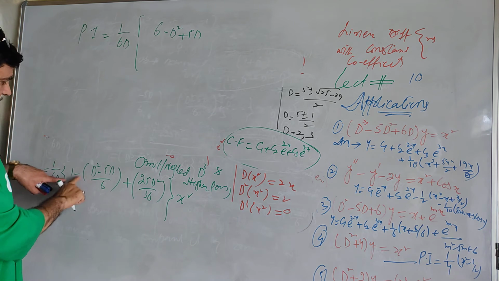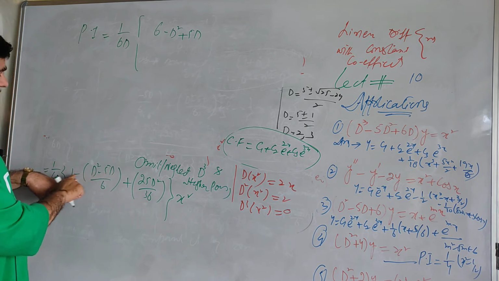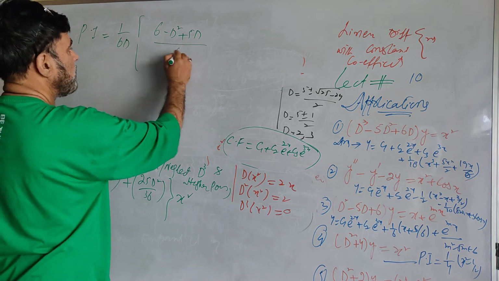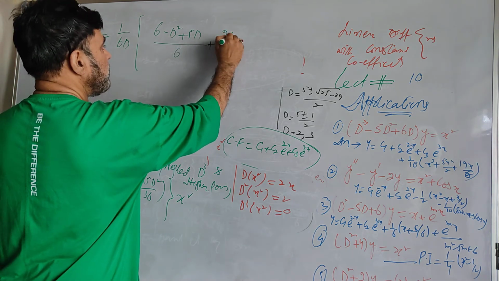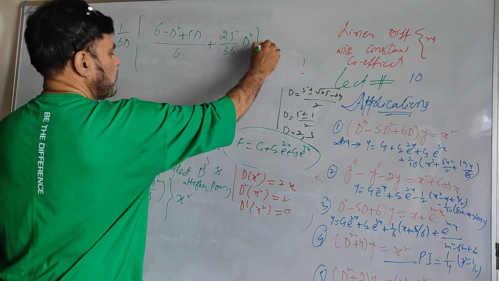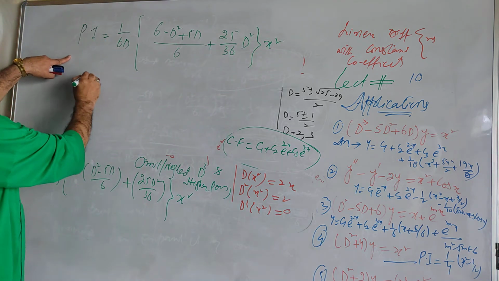I take 6 LCM, minus goes inside: 6 minus D square plus 5D by 6 plus 25 by 36 D square, x square. Now you can operate on x square like this.